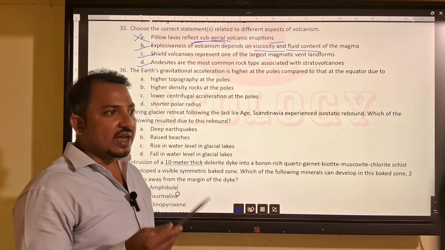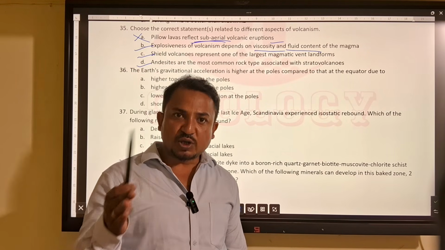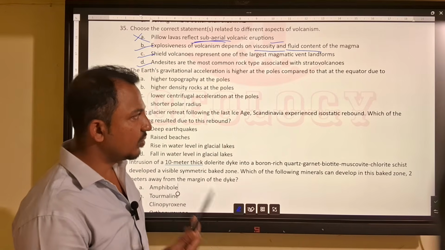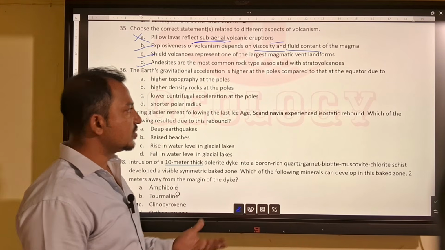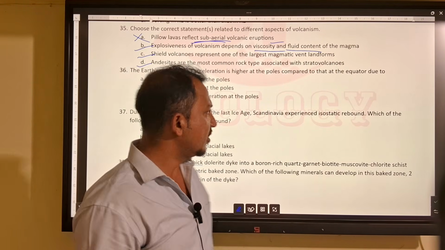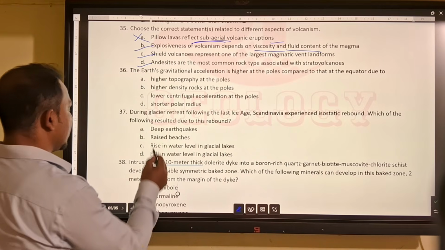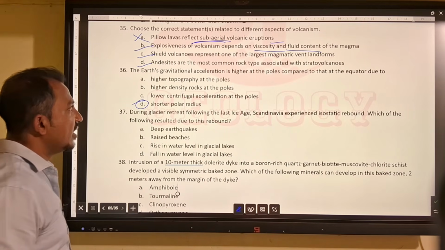Since gravitational acceleration is inversely proportional to the radius, the pole has more gravitational force than the equator. That is one cause. So you can simply choose the shorter polar radius. It will be one option.